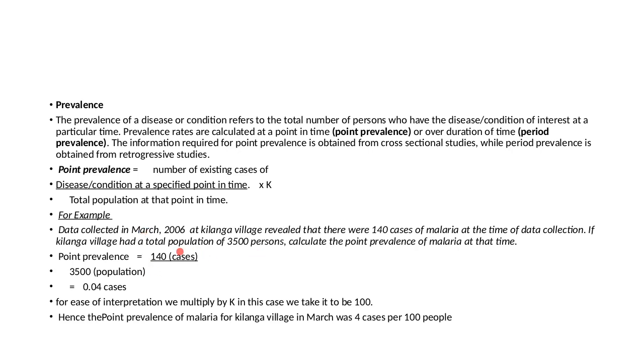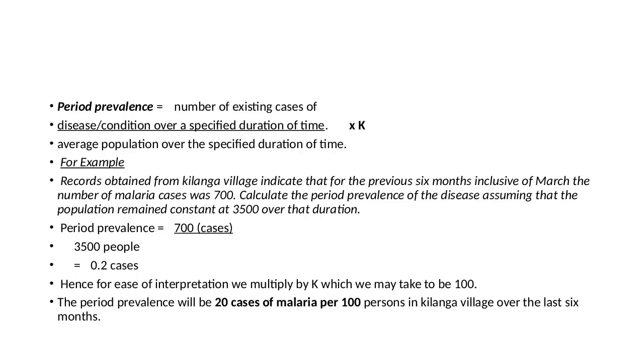So you take the existing cases at that particular time, you divide by the population, then you multiply by your K to make your data easier to express. So you'll find 0.04. When you multiply by 100, you'll find 4 cases in 100 people had developed malaria in March 2006. You are dealing with existing cases.